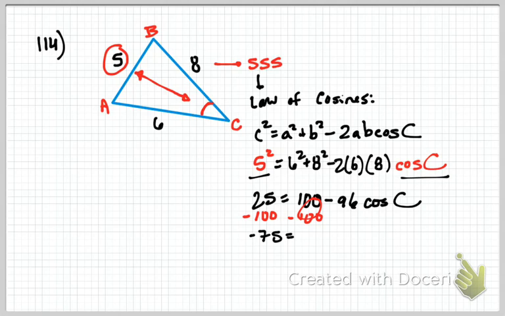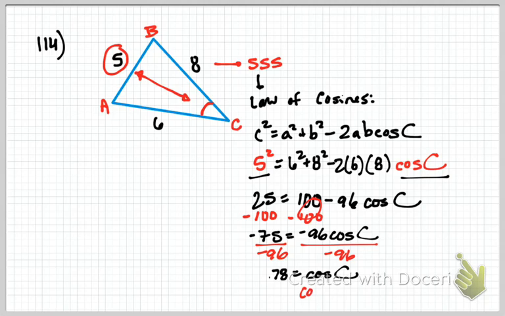Negative 75 equals negative 96 cosine of C. Divide each side by negative 96. 75 divided by 96, we get 0.78, which equals cosine of C. And from there, leave your answer in your calculator, take cos inverse. C is equal to 38.6. We can round to the nearest tenth here, 38.6 degrees.